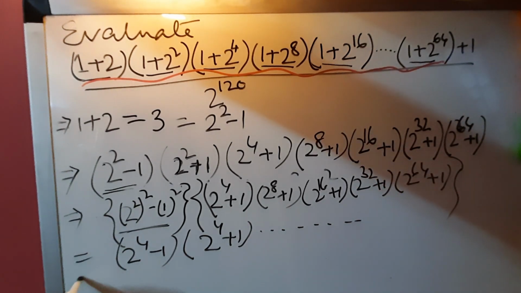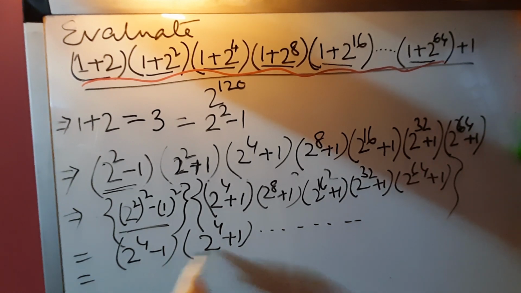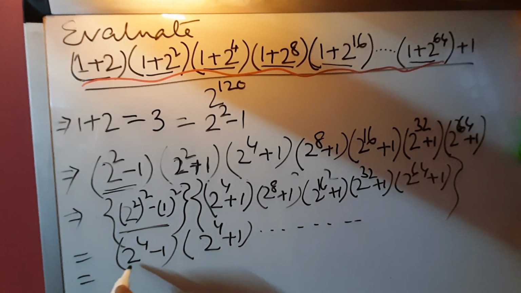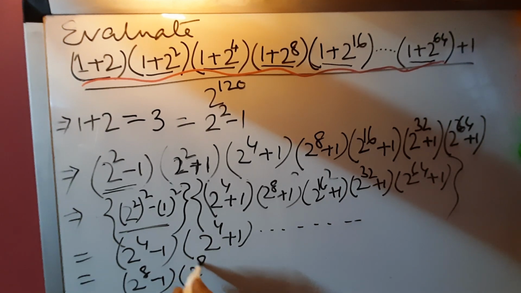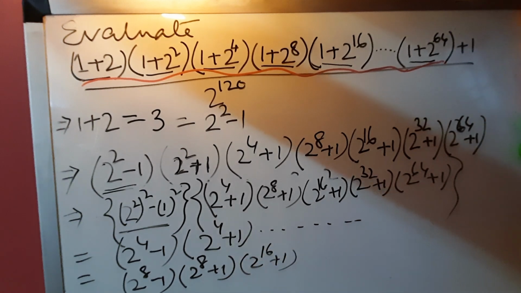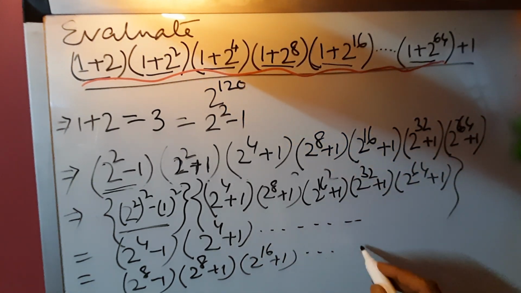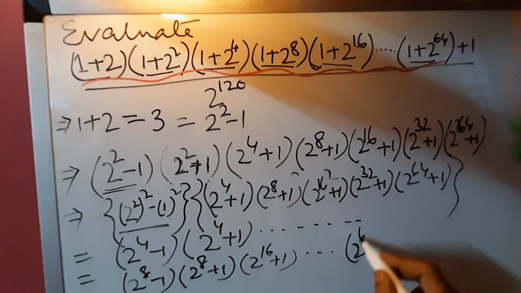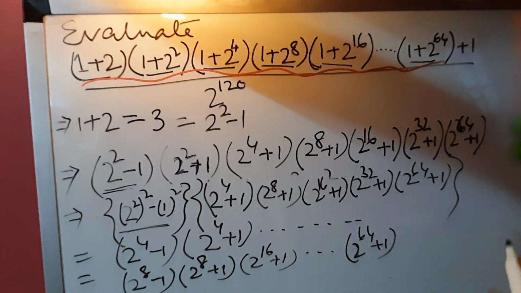Then again we can apply this formula, and it will become 2 to the power 8 minus 1. Then the next terms are 2 to the power 8 plus 1, 2 to the power 16 plus 1, up to 2 to the power 64 plus 1, and this is the first part.